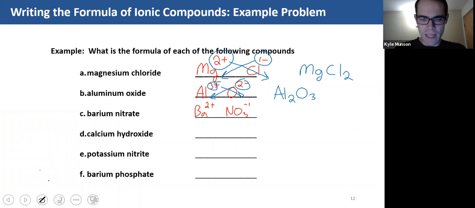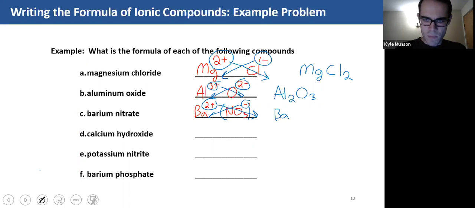So what we do here, again, bring the 1 down and the 2 down. But remember, one of our rules is when you have a polyatomic ion, all of this goes in parentheses. So the 2 is going to go on the outside of those parentheses.